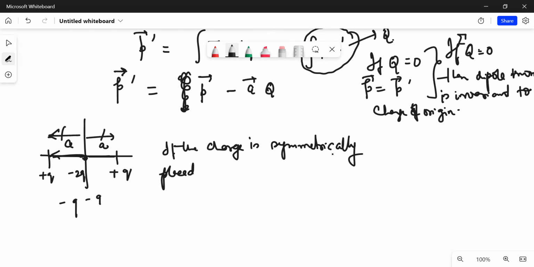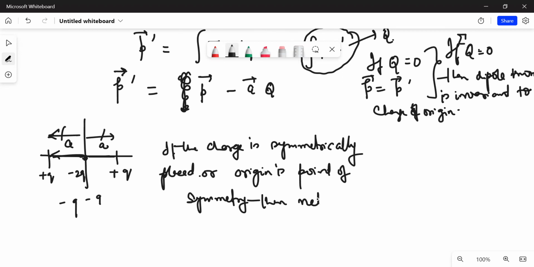So always remember, if the charge is symmetrically placed or the origin is a point of symmetry, by which I mean that your charges should be symmetrically placed with respect to origin, then the net dipole moment is always 0. And if net dipole moment is 0, then indeed quadrupole moment would be the leading term. Is that clear or not clear?